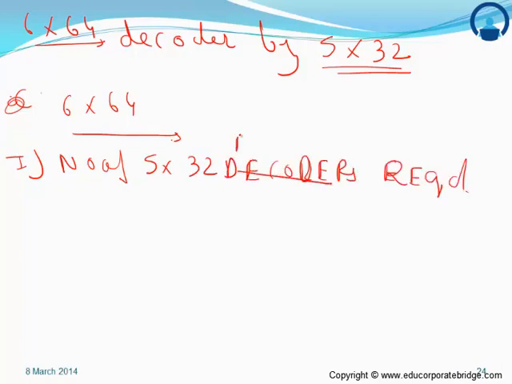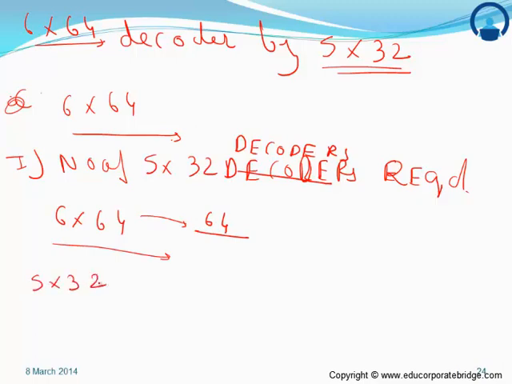This is the 6 cross 64 decoder. We take this 64 here, and for 5 cross 32, we take this 32 here. So 64 divided by 32 gives 2.